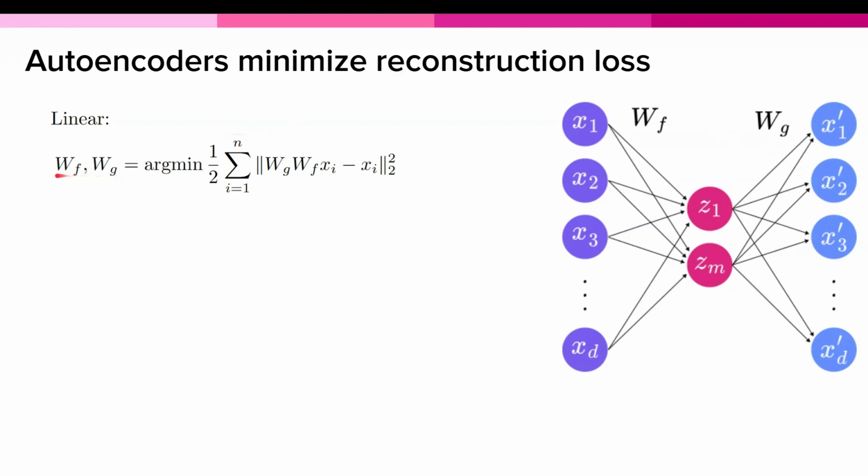Specifically, these weights are optimized to minimize what is known as the reconstruction loss, which measures the difference between the input x and its reconstruction x prime. So for a simple linear autoencoder, the loss function penalizes deviations between the input and its reconstruction as the squared difference between the original and the reconstructed inputs.